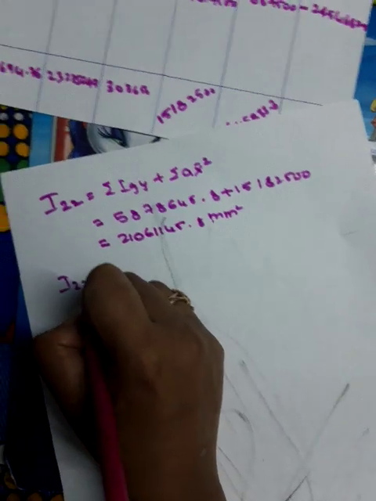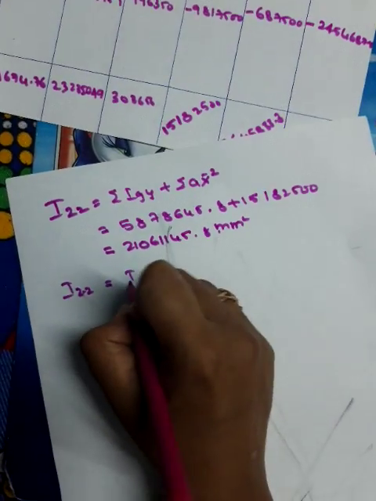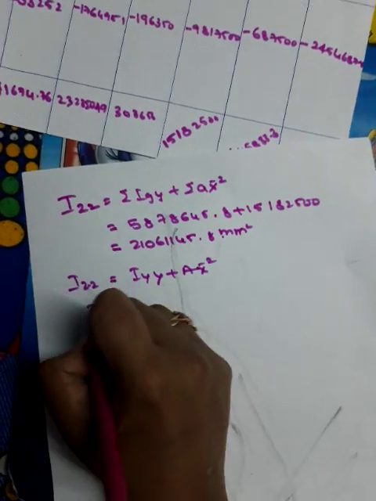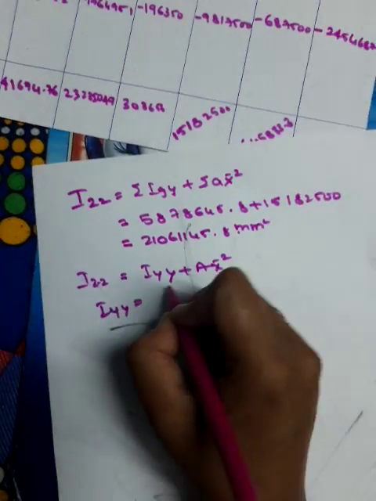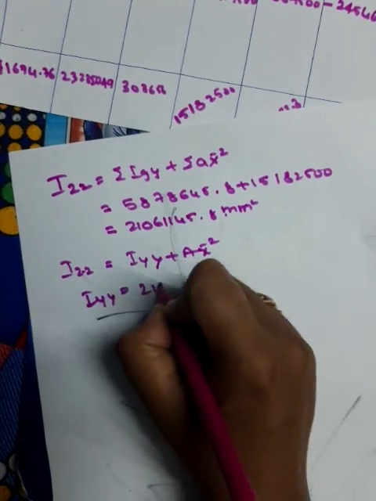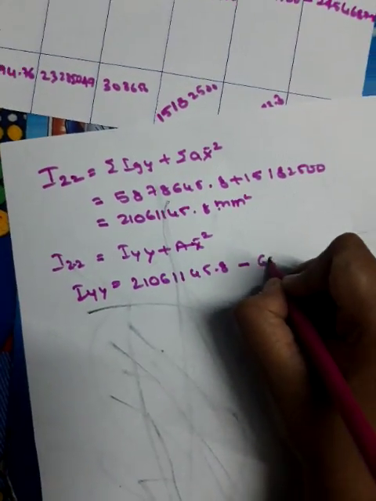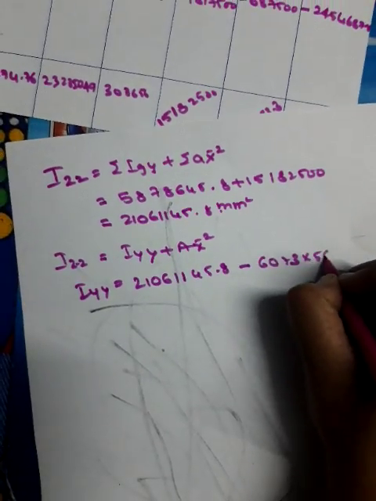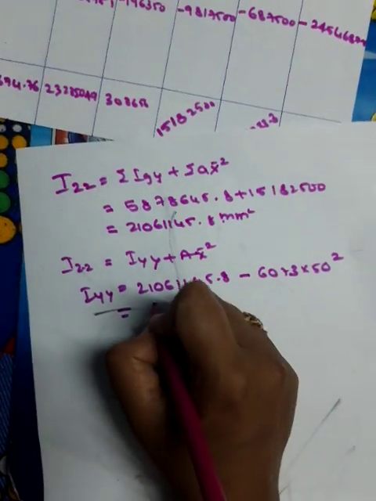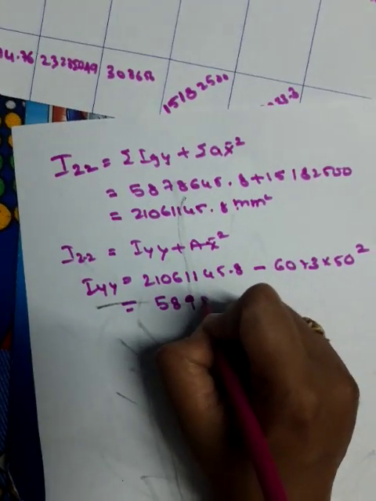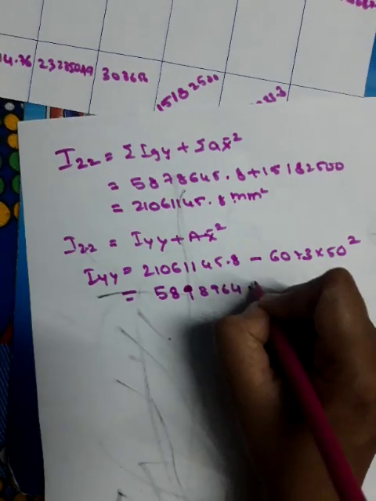Now I have one more equation. I22 is equal to Iyy plus A into x bar square. That is, Iyy is equal to, just substitute I22 minus 6073 into 50 square. So the final value is 78961.1.